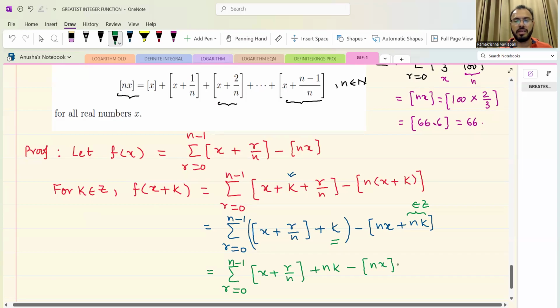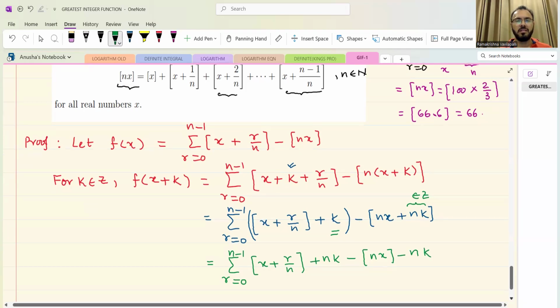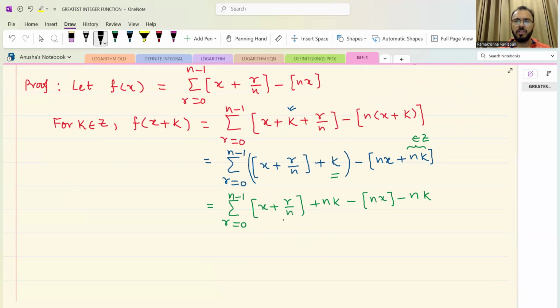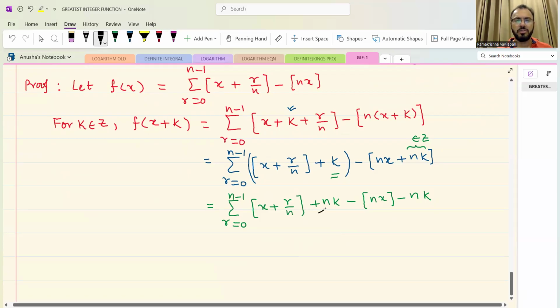I am bringing out that nk, so minus nk, as the minus is there outside. I hope you are understanding. If you listen carefully, definitely you will understand. So now what will be cancelled out? nk is cancelled out. What else is left?